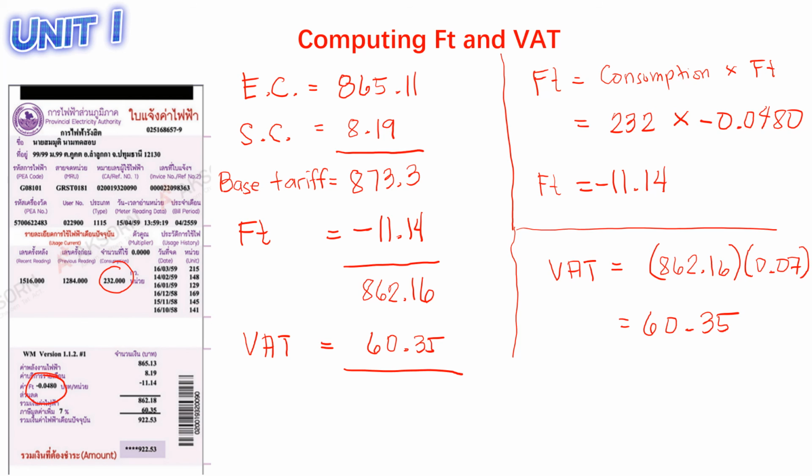So 862.16 plus your VAT of 60.35, you will get a value of 922.5112, but let's stop it there. In the bill, it's 922.53, and this one is 922.51. So it's just a matter of decimal point.